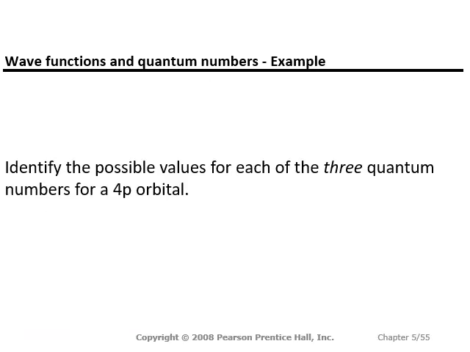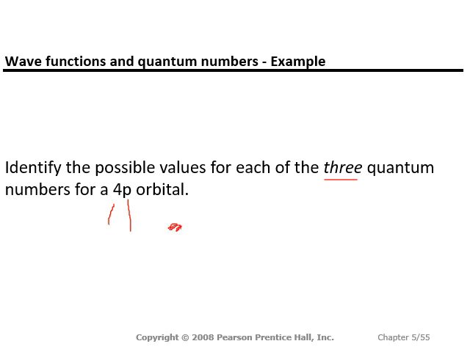So let's do this example. Identify the possible values for each of the 3 quantum numbers for P. And the answer is going to be, for the N number, it's going to be 4. It has to be 4. For the L number, it's going to have to be 1 because P corresponds to 1. And so there are 3 different possible ways you can write the M sub L, which is the one that we just looked at.